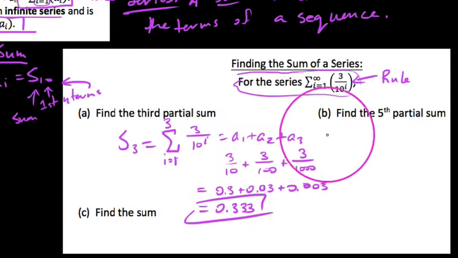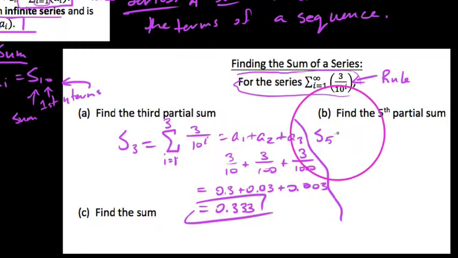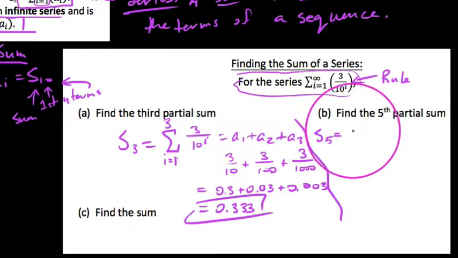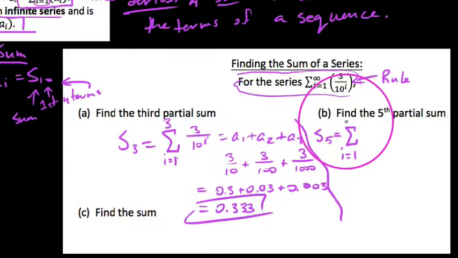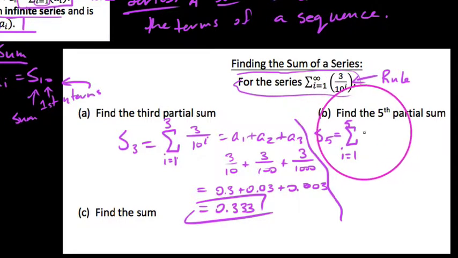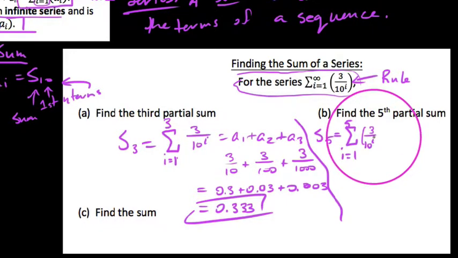And if we were to do the fifth partial sum, I wanted to see a pattern here, but we'd say the sum of the first 5 terms. Now we'd write capital S with a lower subscript 5. This is the same thing as the fifth partial sum of the series, okay? So we want to do our same rule here. We'd say 3 over 10 to the i-th power.